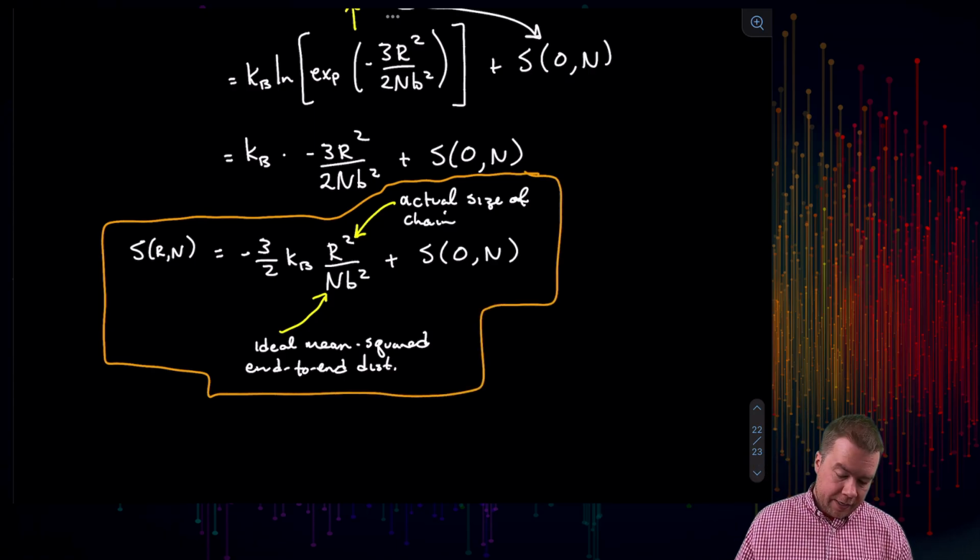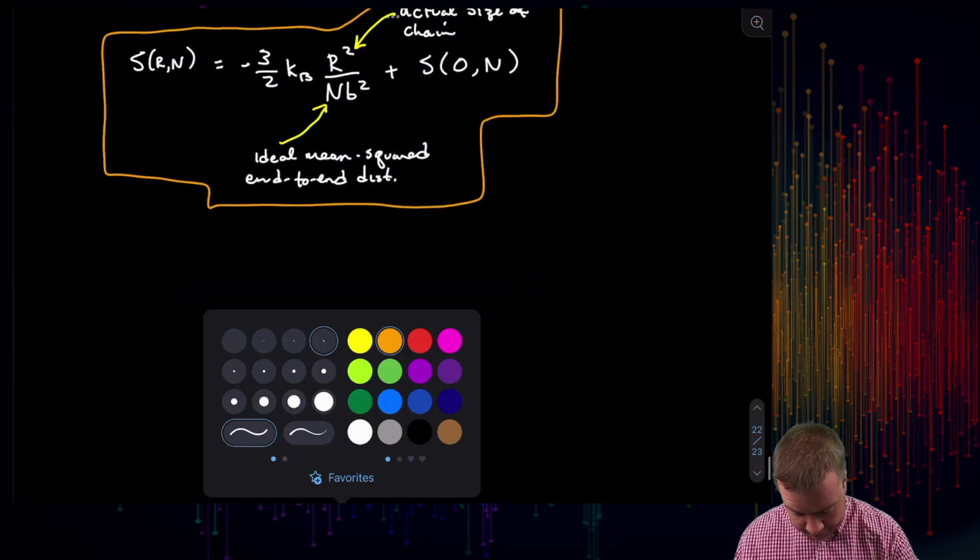So we've got that. And now that we have the entropy of our polymer chain, we just need the free energy, right?